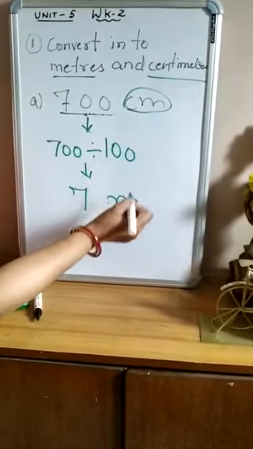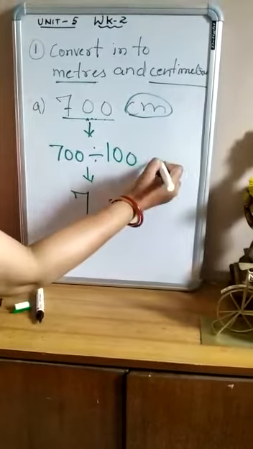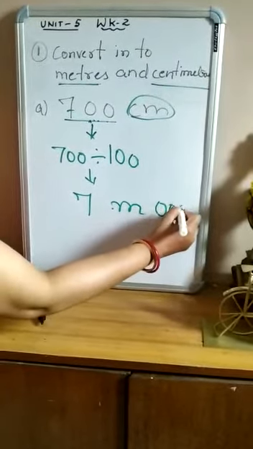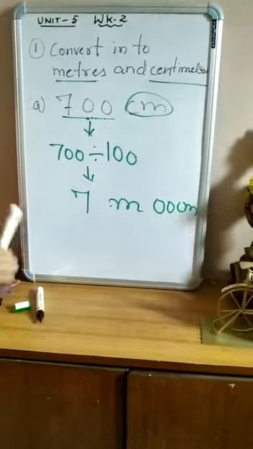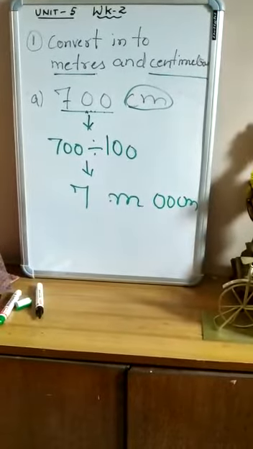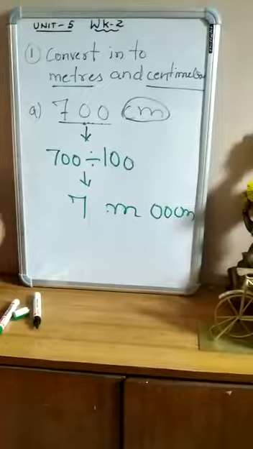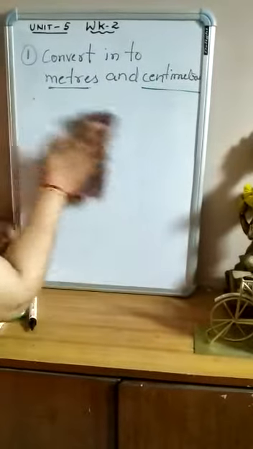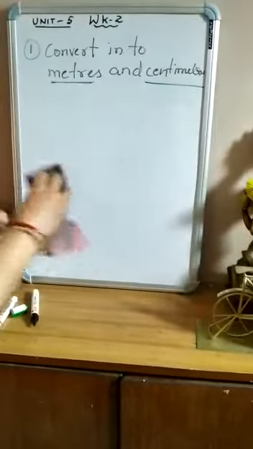So here there is no centimeter because the remainder is not left, so it is 0 centimeter, correct? Now let us take another example. Look carefully.